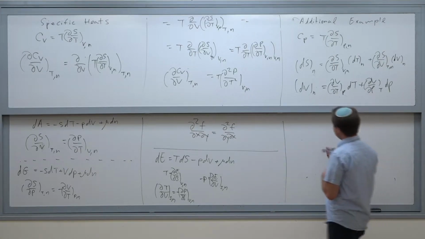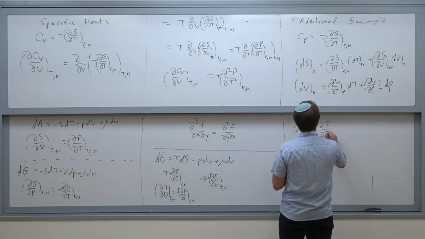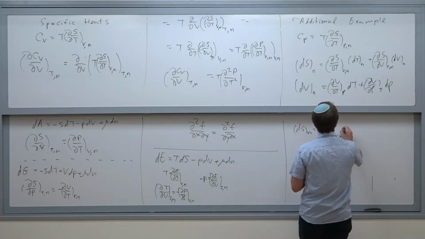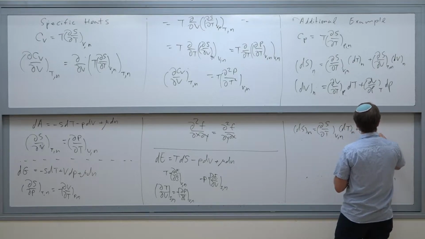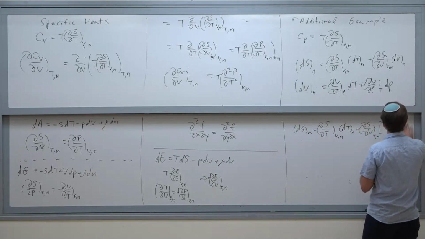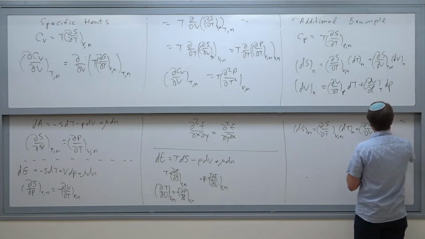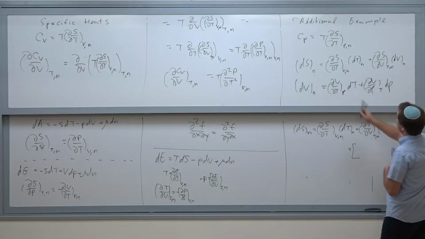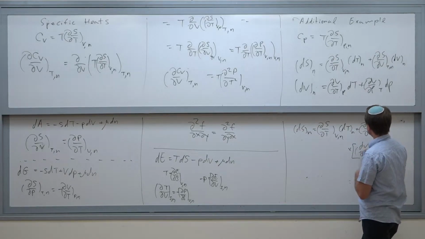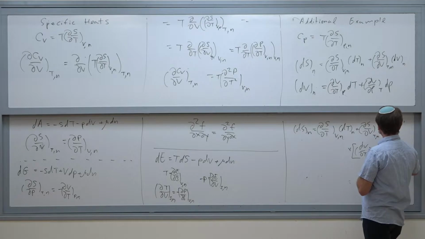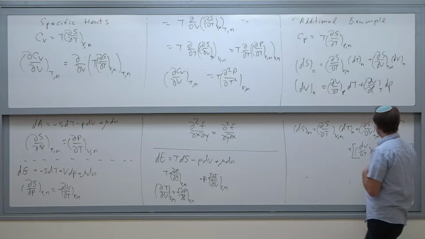Where we're getting that dS, N constant, is ds/dt, V and N constant, dt, plus ds/dV, T and N constant, and here we have all of this, so it is dV/dT at constant P dt plus dV/dP at constant T dP, right?